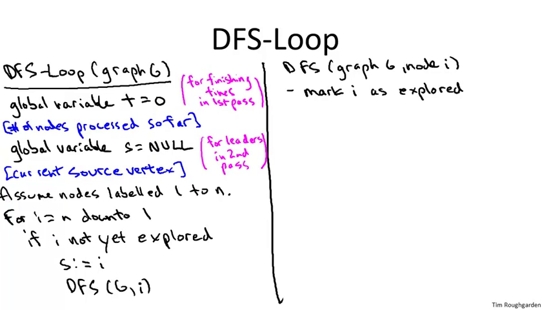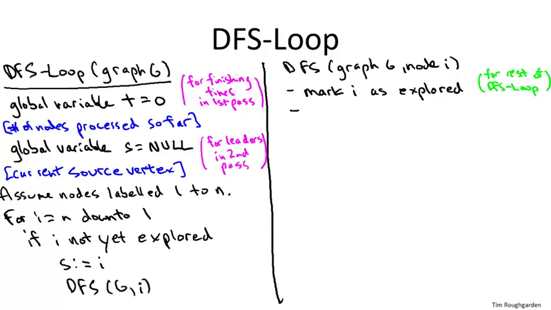So even if this DFS from a given node i finishes and then the outer for loop marches on and encounters i again, it's still going to be marked as explored. Now, one of our bookkeeping jobs is to keep track of from which vertex did the DFS that discovered i get called. So when i is first encountered, we remember that s was the node from which this DFS originated. And that, by definition, is the leader of i.